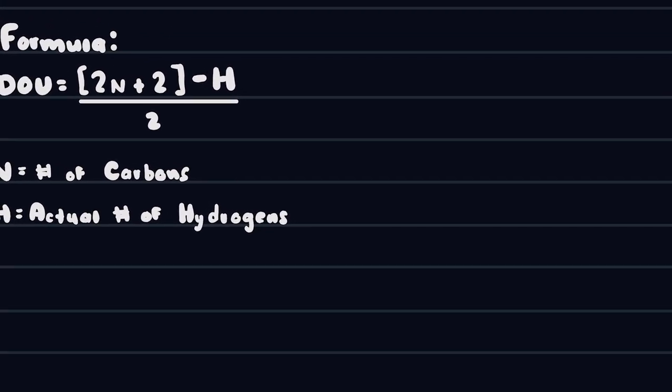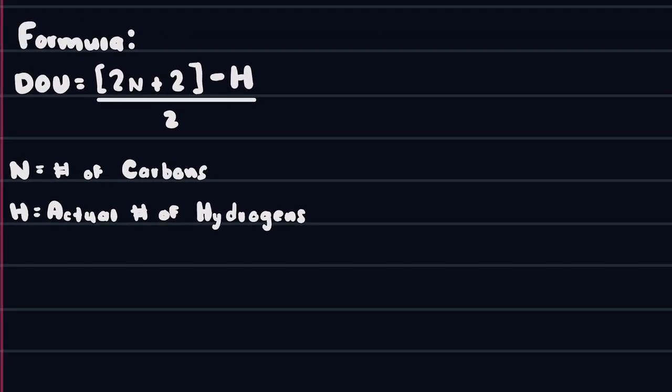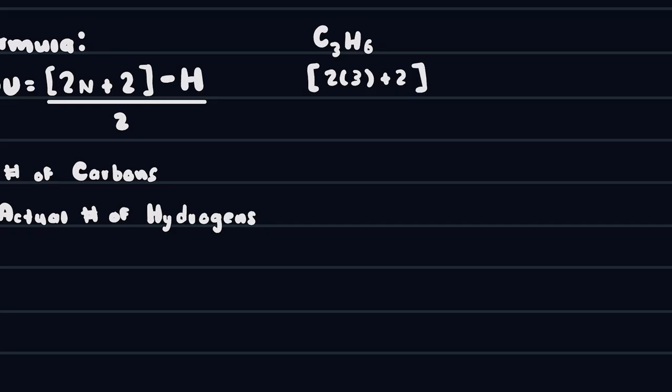Let's apply this formula, for example. If we have C3H6, so your amount of carbons is 3, so it's 2 times 3 plus 2. So this represents the amount of hydrogens that a fully saturated alkane would have, aka an alkane with all the possible hydrogens bonded to it, minus the actual amount of hydrogens our compound has, which is 6, over 2.